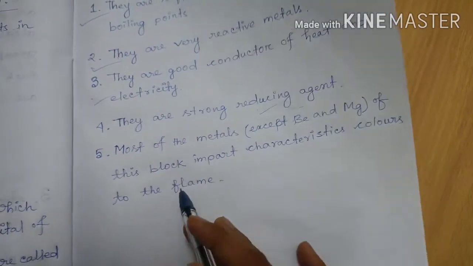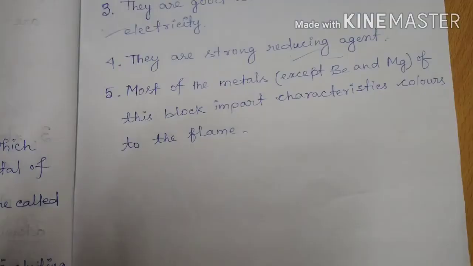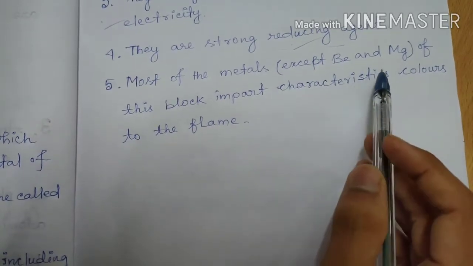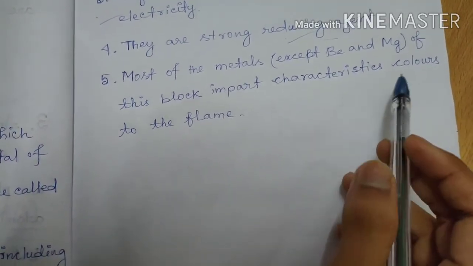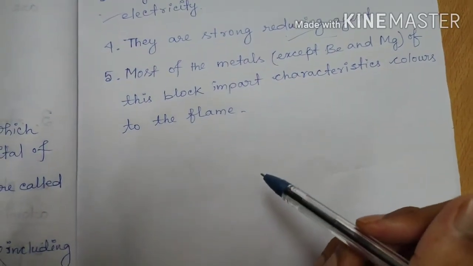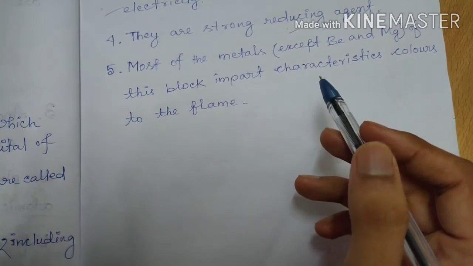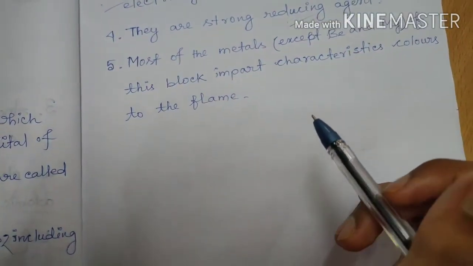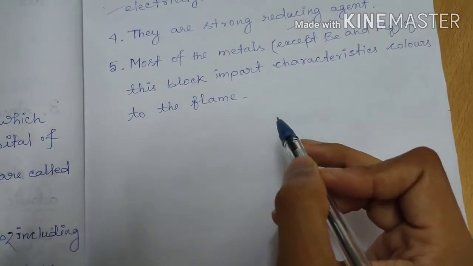Now the last property is most of the metals except beryllium and magnesium of this block impart characteristic colors to the flame. That is, the elements of group 1 and group 2 except beryllium and magnesium impart colors to the flame.